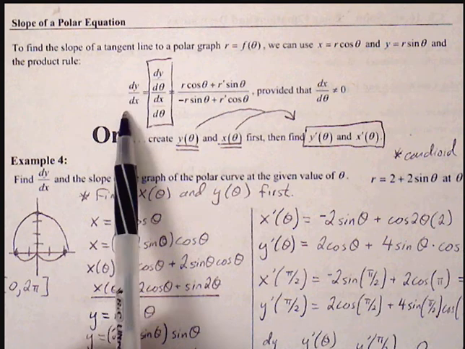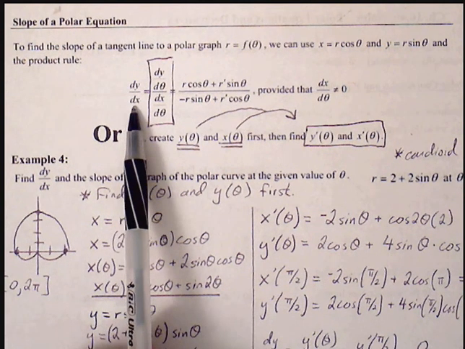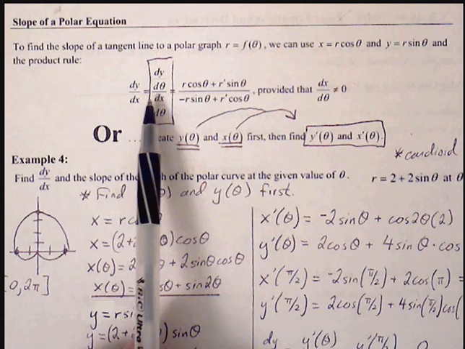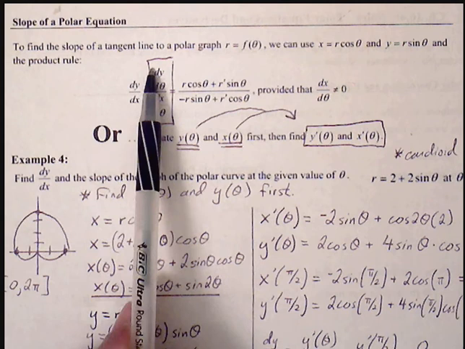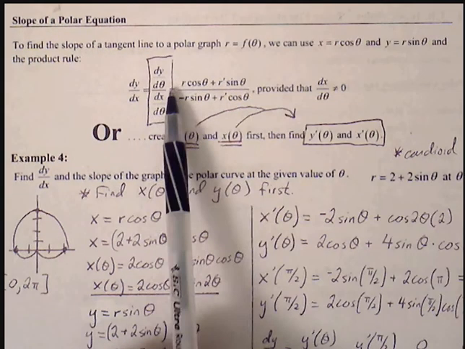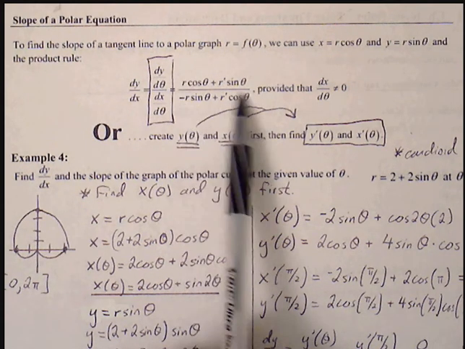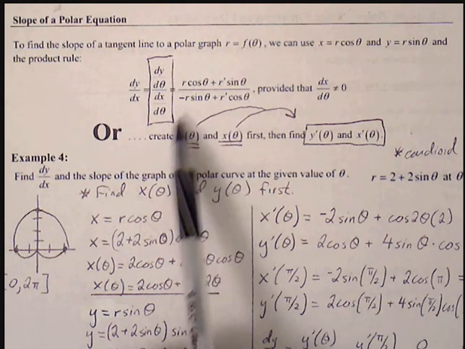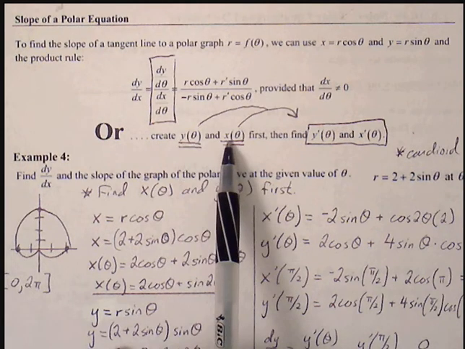So dy over dx, just like with parametric equations, we would do dy over dt over dx over dt. Well, now in terms of theta, we can represent it as dy over d theta and dx over d theta. Now, we could go through this product rule to get to our derivative, or we can find a way to create y of theta and x of theta.